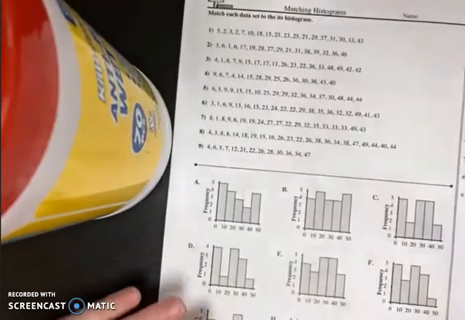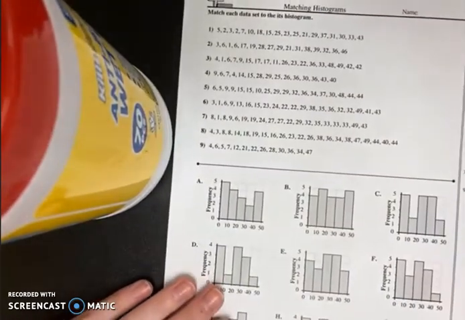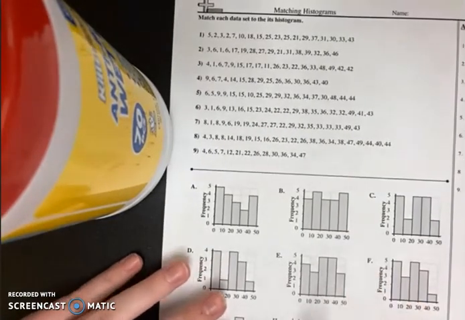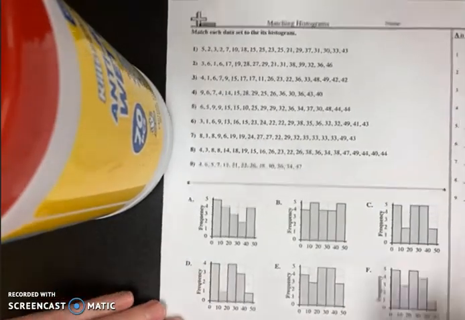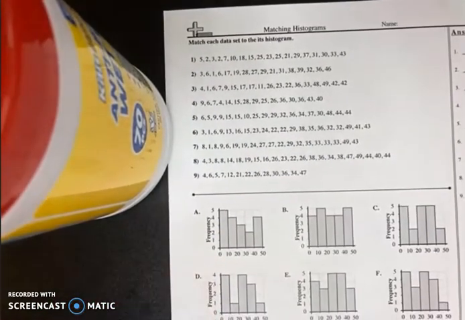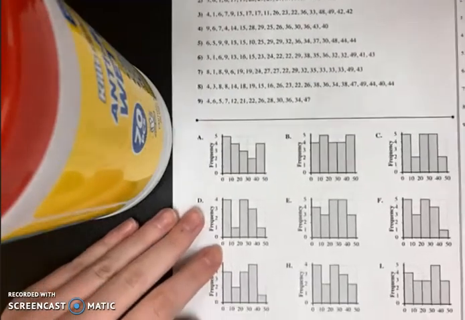And the part that I believe students would have had most difficulty with on day 1 is this part of the homework. So you're matching the data to the histogram. So I want to go ahead and I want to do one of these problems with you just so that you can see how to go about solving.